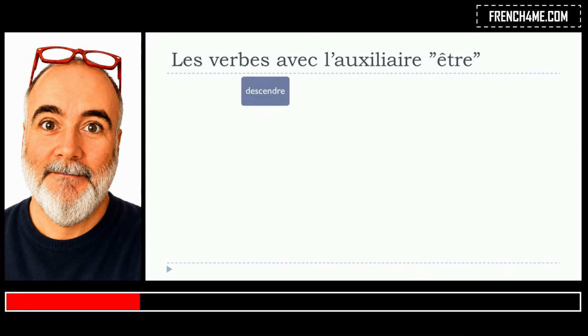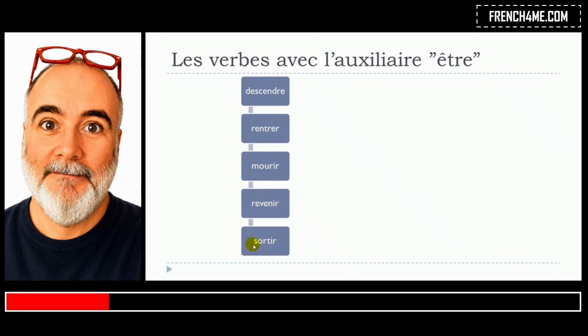So let's see them one more time, okay? So the first one is descendre. After that, we'll have entrer. Then mourir. Revenir. Sortir. Passer par. Venir. Aller.